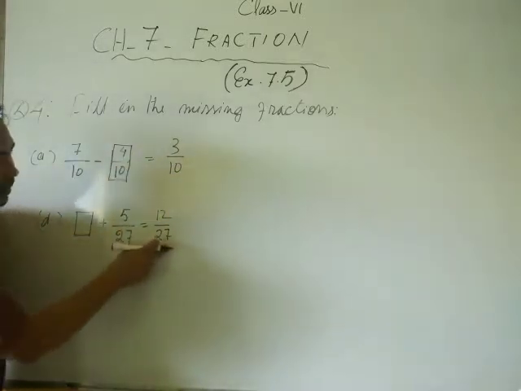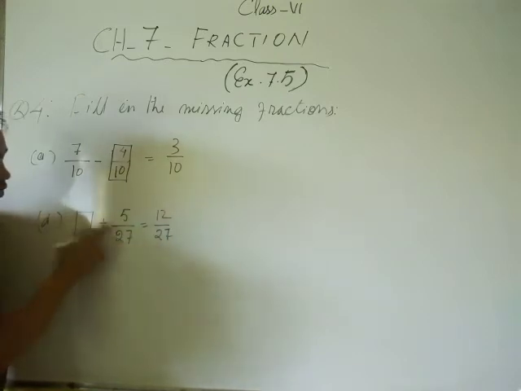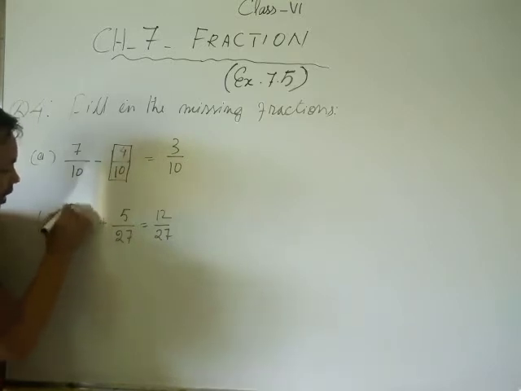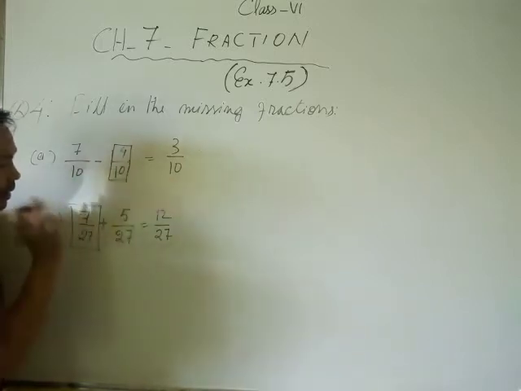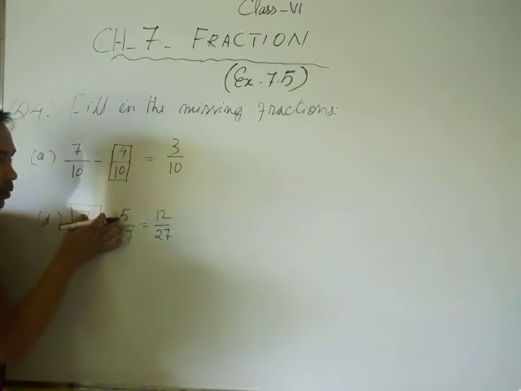Here 27, 27 remain the same, so don't worry. What number do you add to 5 so that you get 12? 7 plus 5 is 12. The denominator 27 is common, but only the numerator will be plus or minus.